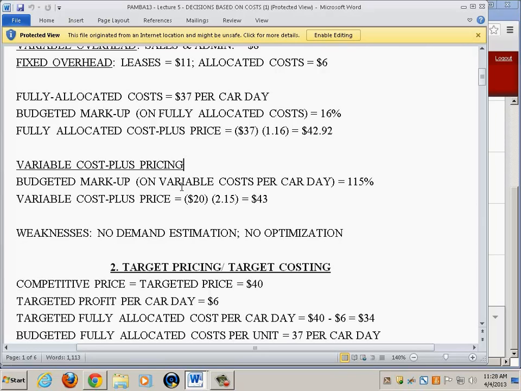And we use the fully allocated cost plus method. So we add up all the costs and we get to, in our example, the fully allocated costs, we get to $37. We tag on a 16% margin. And we get to roughly $43.